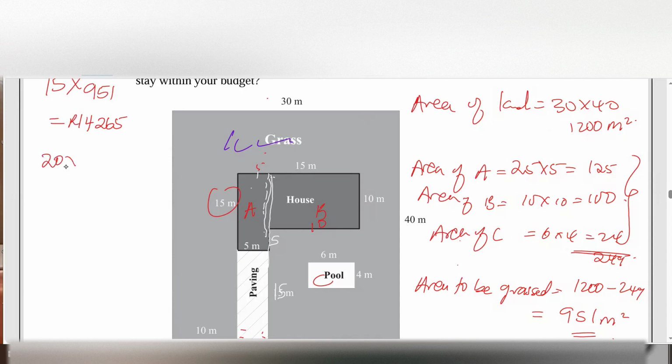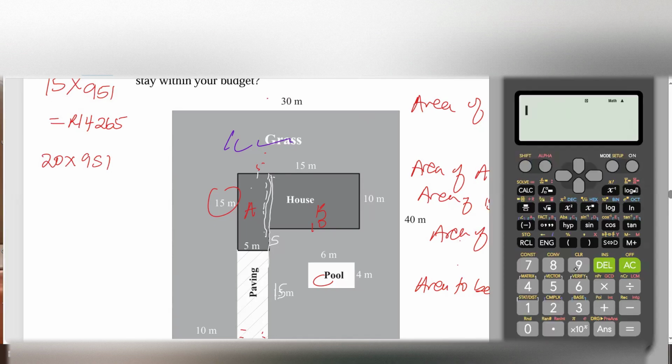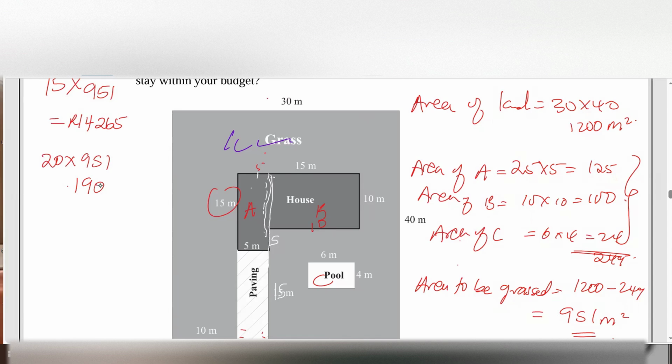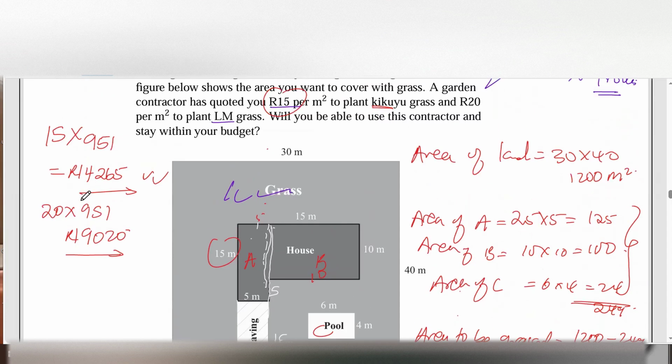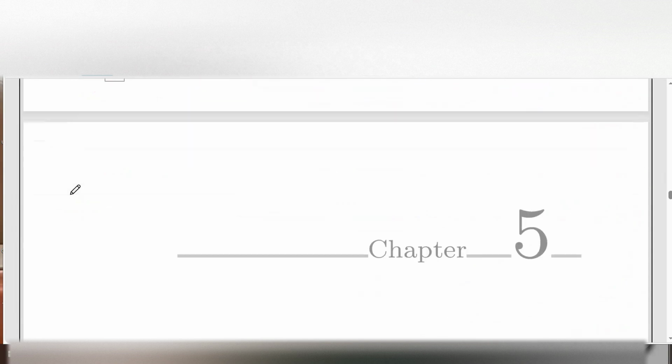And then for that other type of grass, 20 by 951 becomes 19,020 rands. So we can see that the Kikuyu grass is cheaper and more affordable. Will you be able to use this contractor and stay within the budget? The answer is yes, you can stay in the budget by using the Kikuyu grass because you're going to pay less than what you budgeted for.